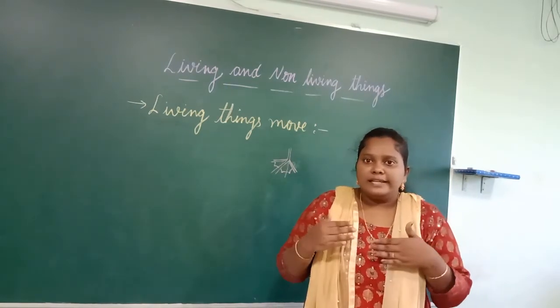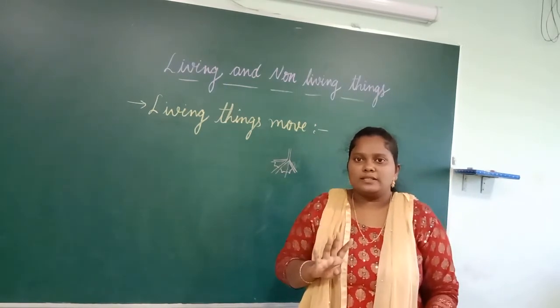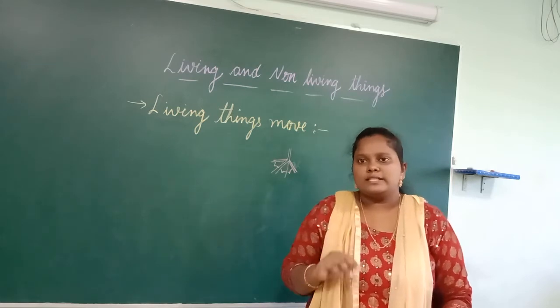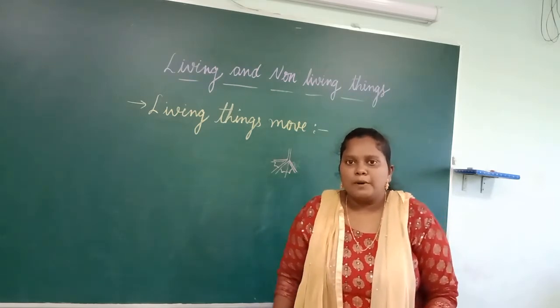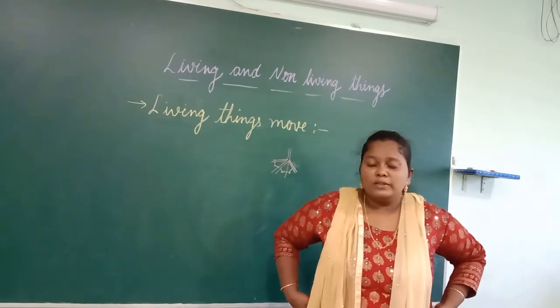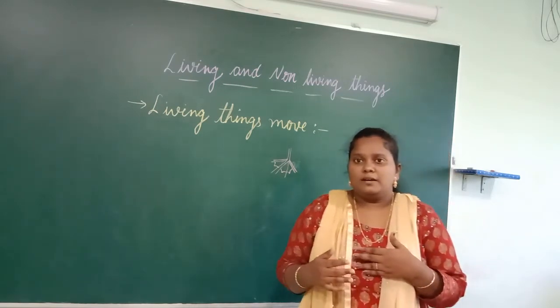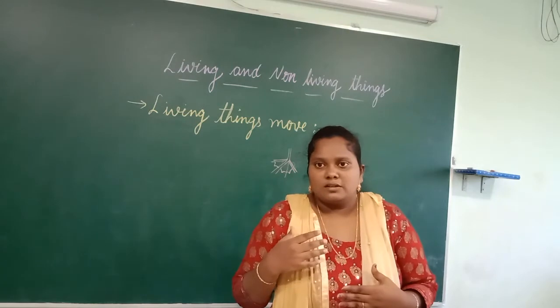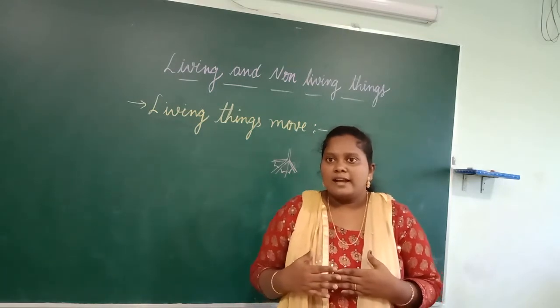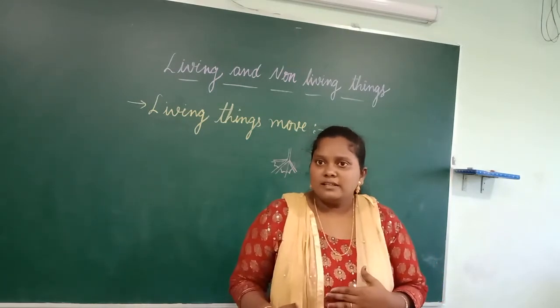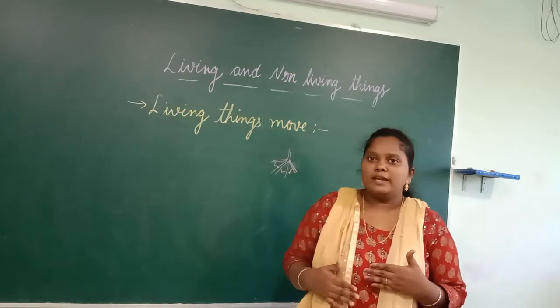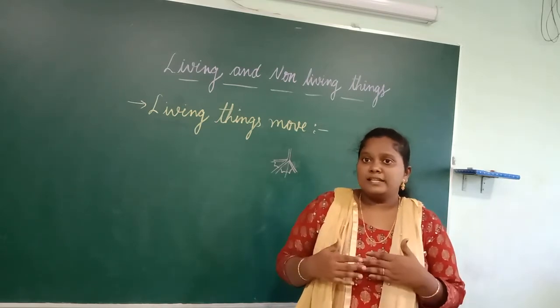Mammals that live on land have four legs. They move with the help of their limbs. And some animals such as dolphins can swim.